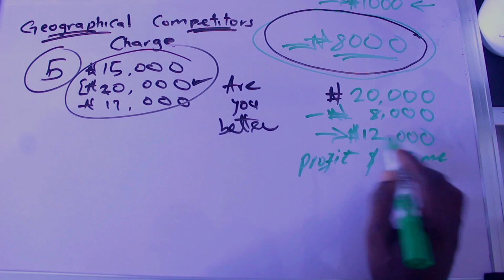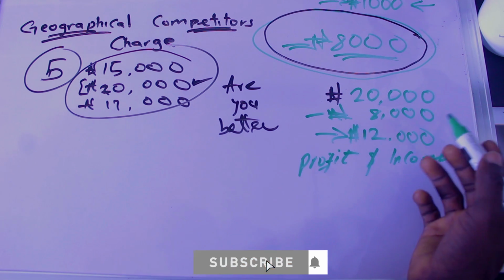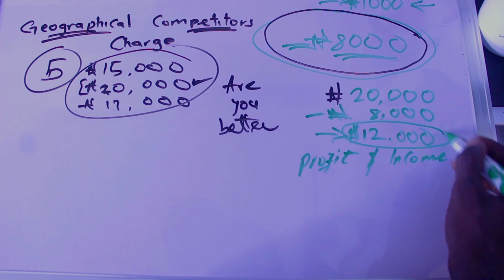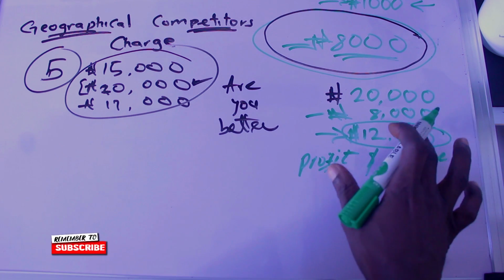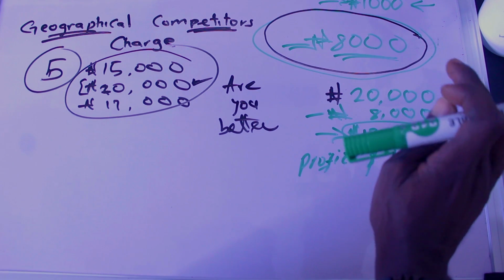So now if you think you are better than them, you can go for 12,000. If you think you are still working up to them, you can determine your value out of this 12,000 naira.